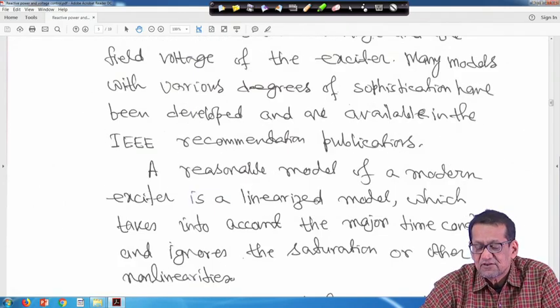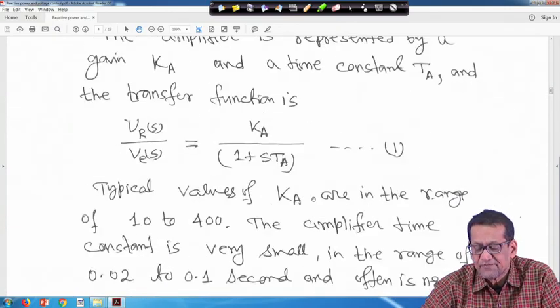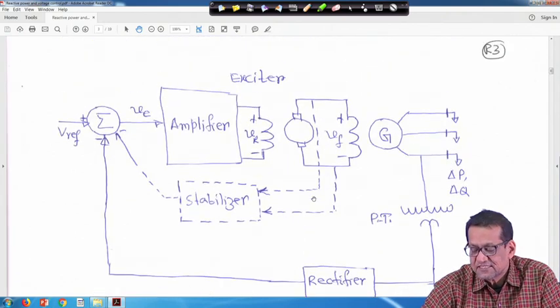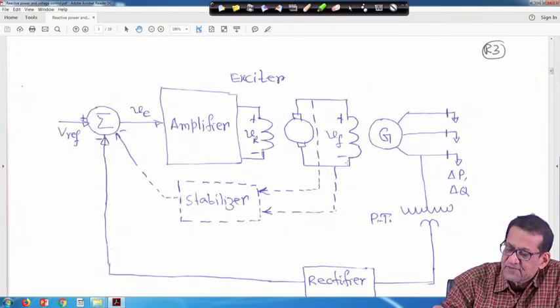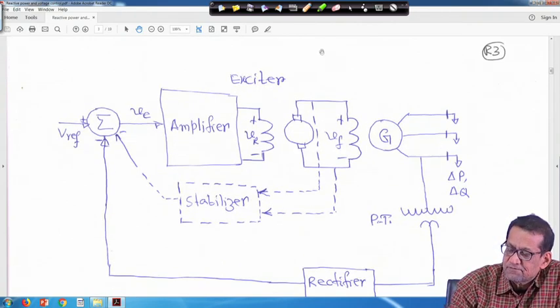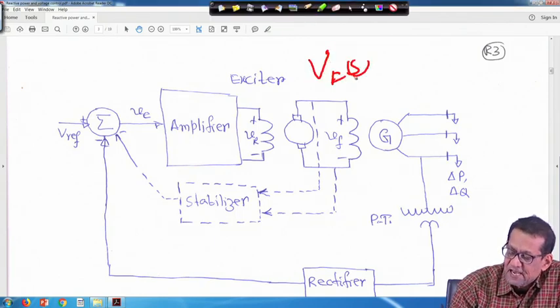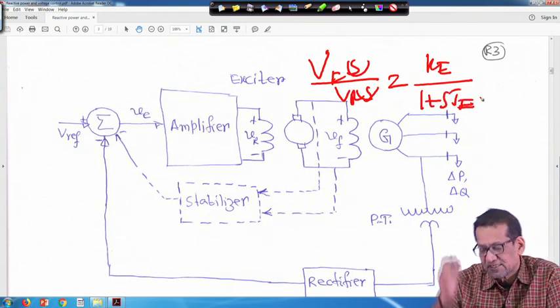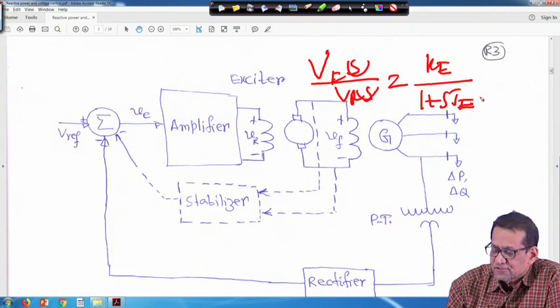That means, if we go to the schematic diagram once again here, this is VF, this is VFS, I am making it small here, there it is capital, the meaning is the same. So, VFS upon VRS is equal to the exciter Ke upon 1 plus S Te. This is represented by a first order transfer function, right.